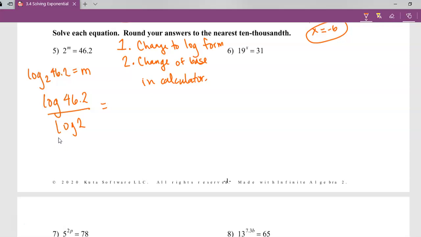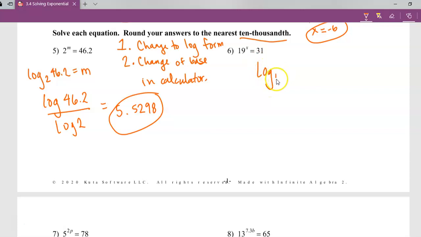So log 46.2 divided by log 2 is equal to 5. Let's see, it says round to the nearest 10,000th. That means I'm going to keep 4 decimals. So 5.5298. Okay, so same thing on number 6. First thing we want to do is change to log form.